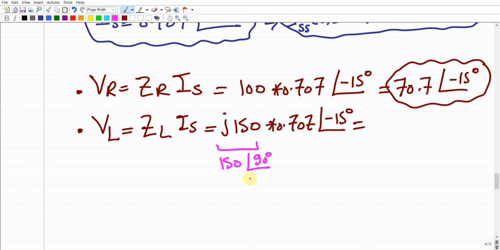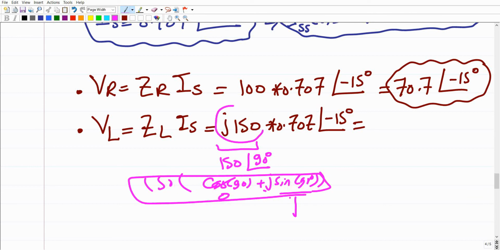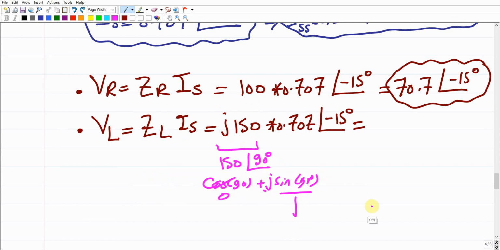If you expanded this one into cosine 90 plus j sine 90 degrees, this is going to give us 1, this is going to give us 0, right? So this is going to give us j times 150. So this term is equivalent to this term, and this is its polar form. We need it in the polar form so we can do the multiplication for these phasors.